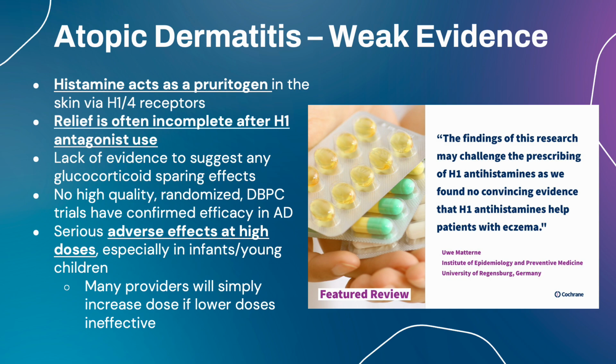And the main reason you would give this in the clinic is a lot of providers want to avoid giving high concentrations of glucocorticoids. So this idea of glucocorticoid sparing effects. But in fact, there's actually quite little evidence to support that it has any bearing on the amount of glucocorticoids that are given. So again, that is another piece of complicating evidence.